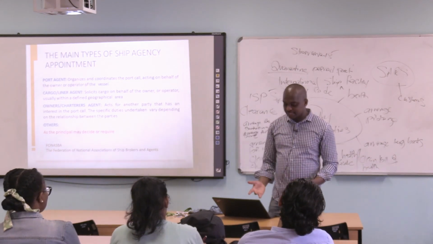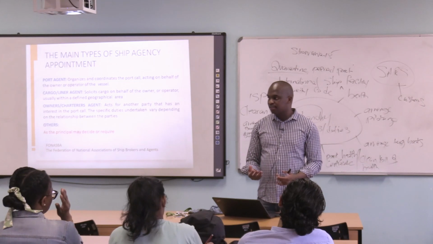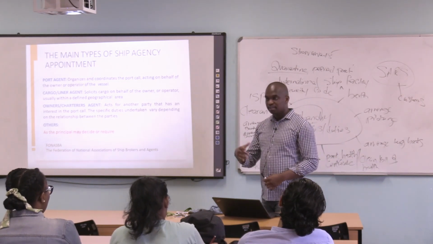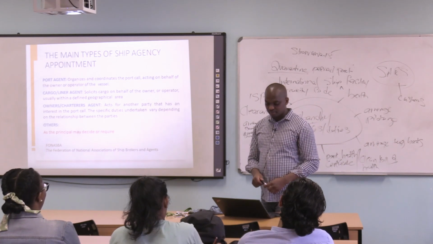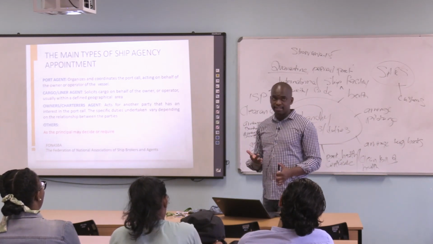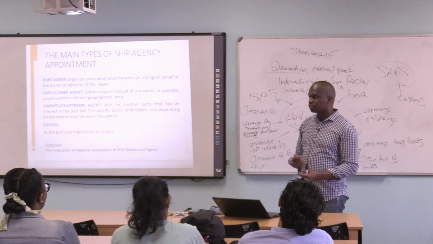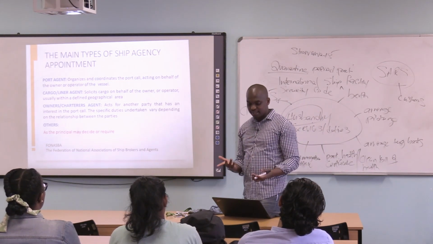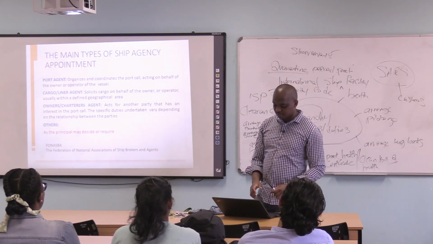And they also clearly stipulate the expectations of the ship agents in return, because ship agents are also guided by certain regulations. They can't just do as they please. So FONASBA clearly defines their duties, responsibilities and expectations.